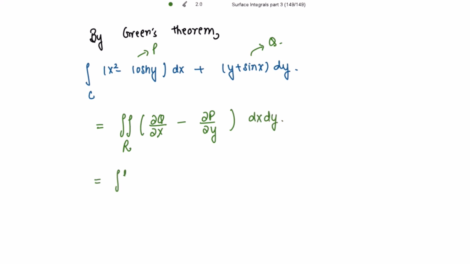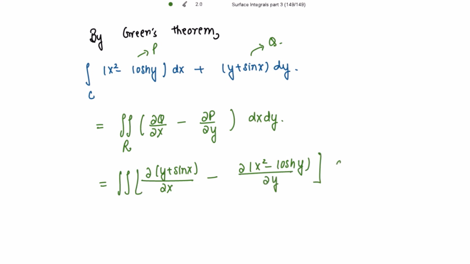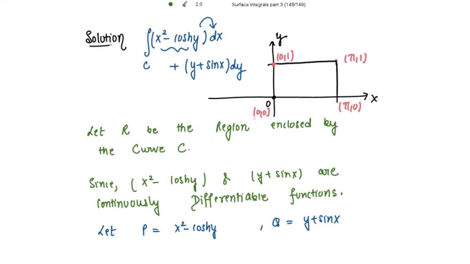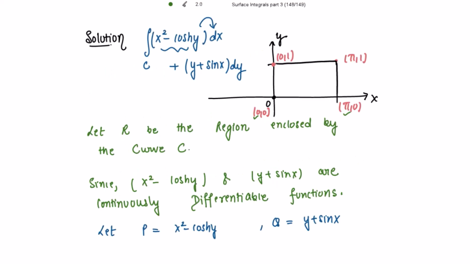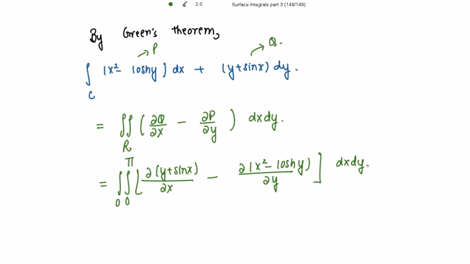Q is y plus sin x, so we partially differentiate y plus sin x with respect to x, minus the partial derivative of P, that is x square minus cosh y, with respect to y, dx dy. What is the limit for x? It is from 0 to pi. And the limit for y is from 0 to 1.